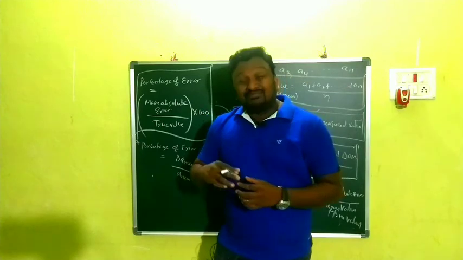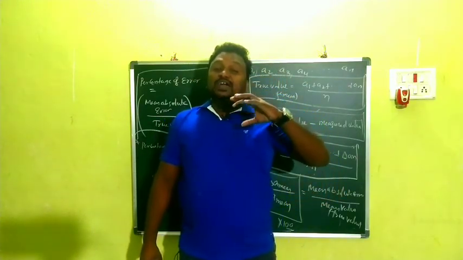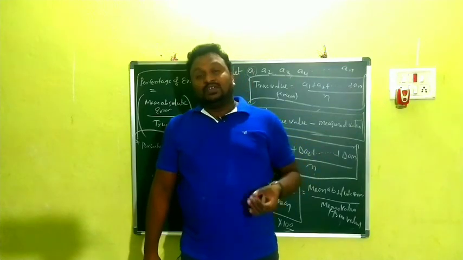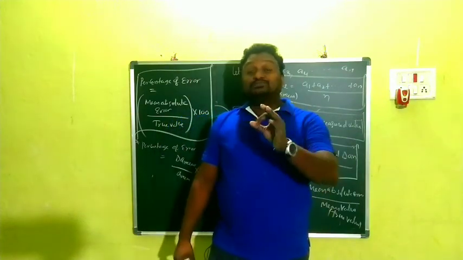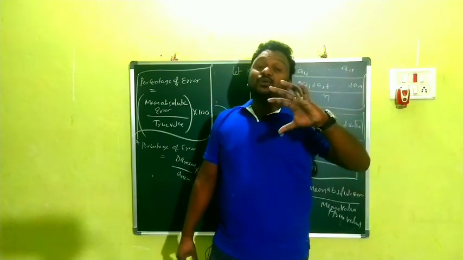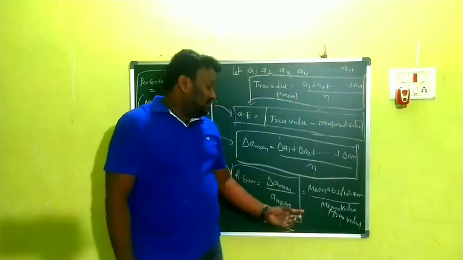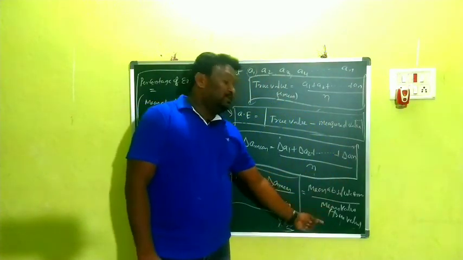Next is relative error. Relative error means the ratio of mean absolute error to the true value. It is a ratio, so we show mean absolute error by true value.